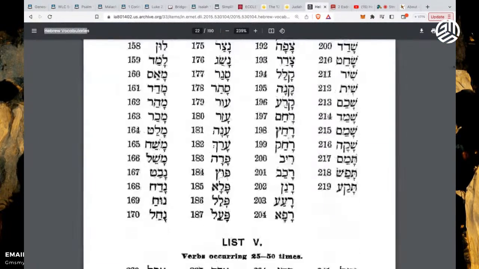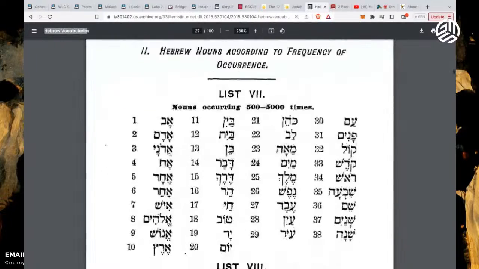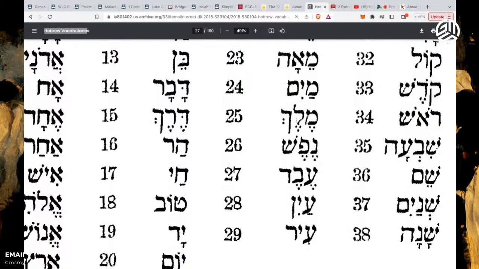This is a noun, so let's go to the list of nouns. I'm pretty sure it's one of the most frequently occurring ones. Malak. Okay. Now, by the way, ignore these little vowel points and cantillation marks that they have here. We're just looking strictly at the letters. Okay. Malak.